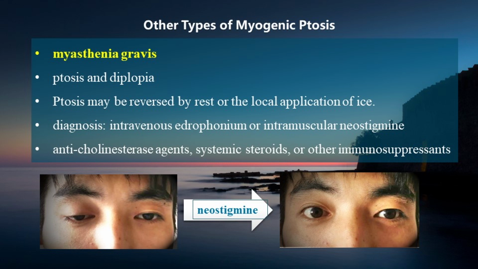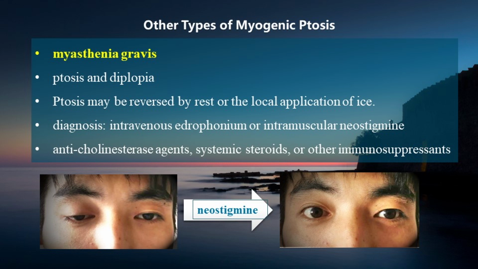On rapid movement of the eyes from downgaze to the primary position, the upper lid twitches upward. Lid fatigue, increasing ptosis on prolonged upgaze, is a more consistent sign. Ptosis may be reversed by rest or the local application of ice.